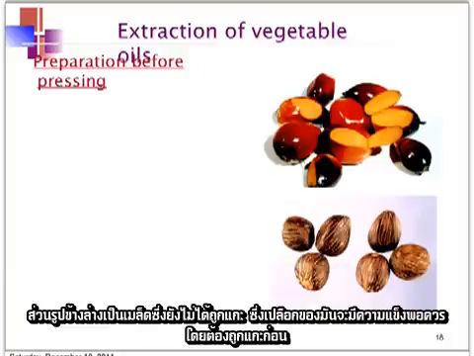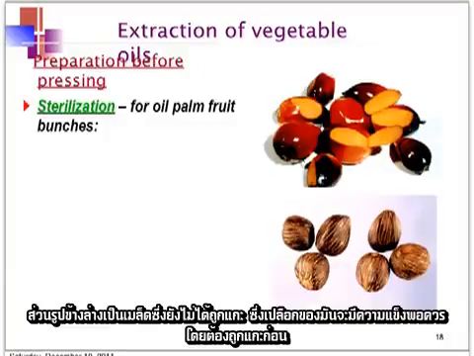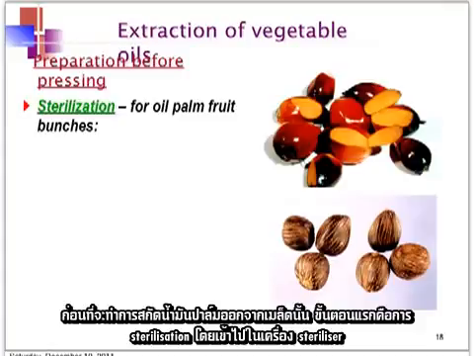So for the preparation of the oil palm fruits before processing, usually we will go through the sterilization process. Before pressing out the oil from the oil palm fruits, the first step is sterilization, in which the fruit goes through the sterilizer.